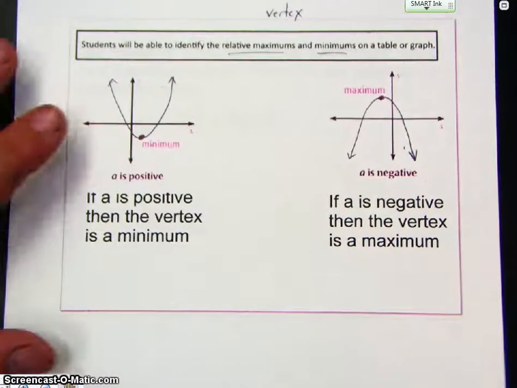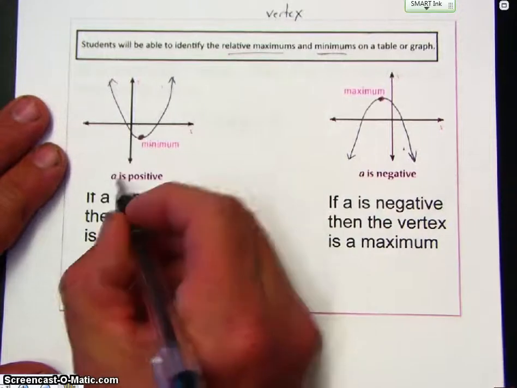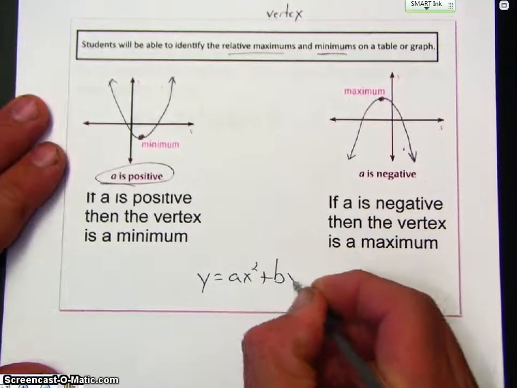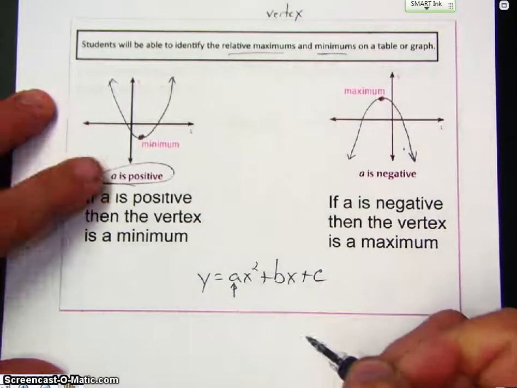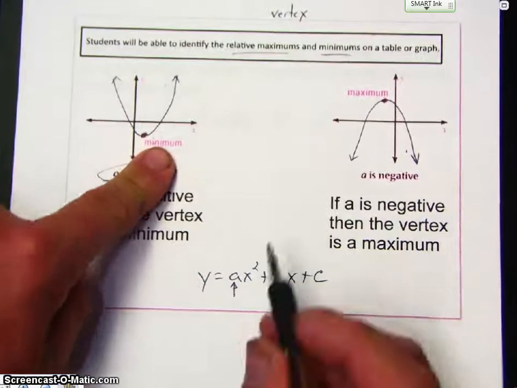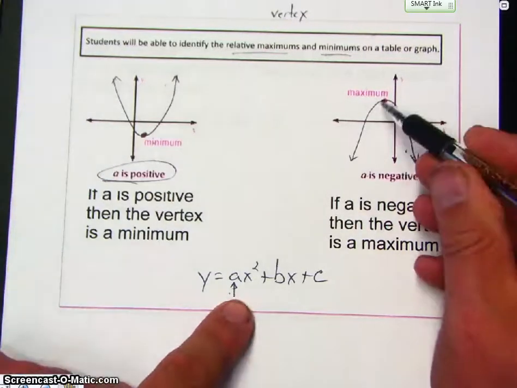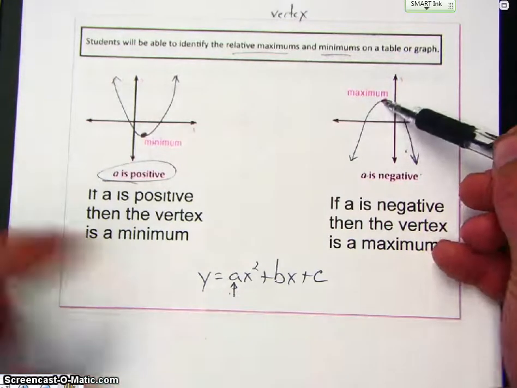And the way you can know by just looking at the equation, y equals ax squared plus bx plus c: if A is positive, I'm going to have a minimum value, meaning my vertex will be the lowest point. If A is negative, then I know I'm going to have a maximum, meaning my vertex will be the highest point.